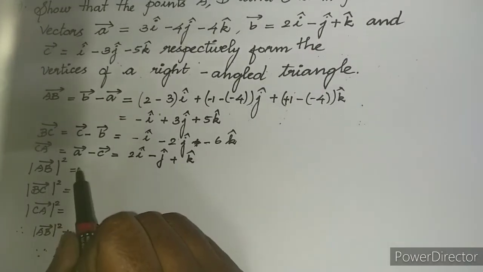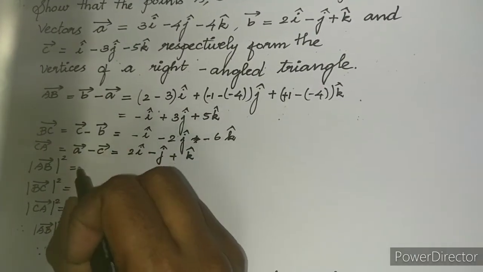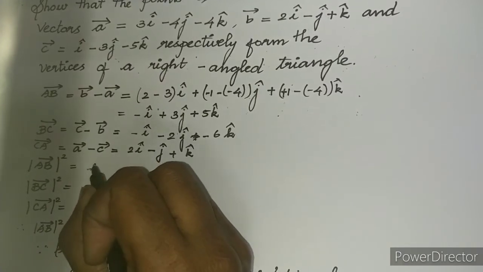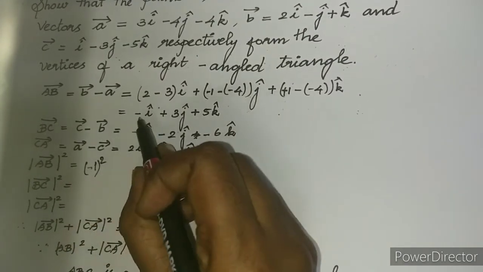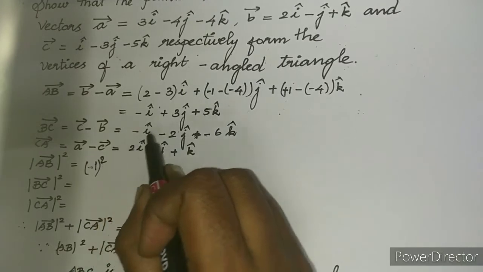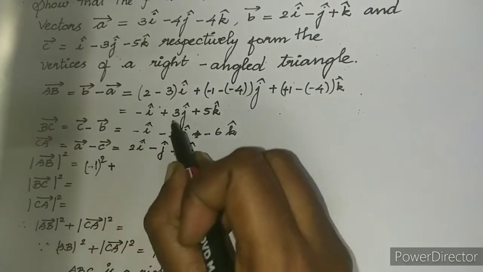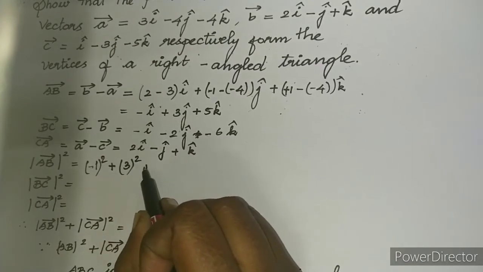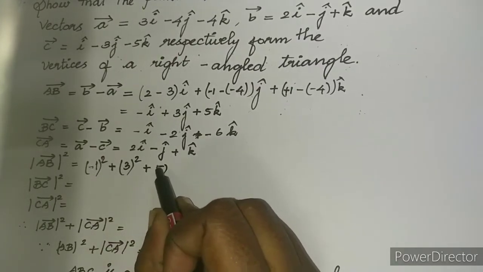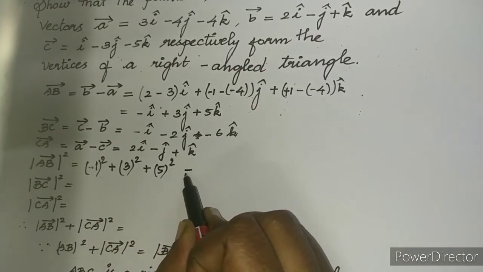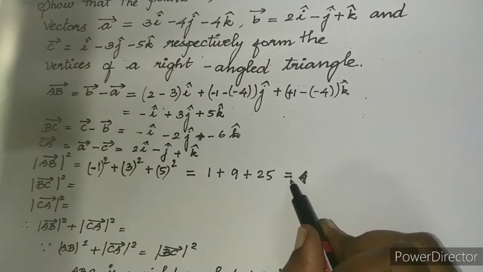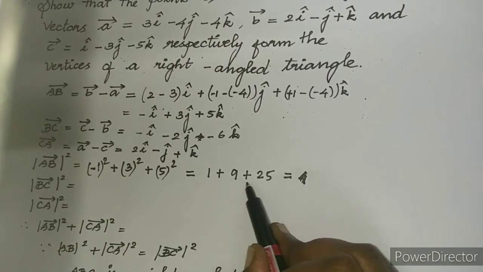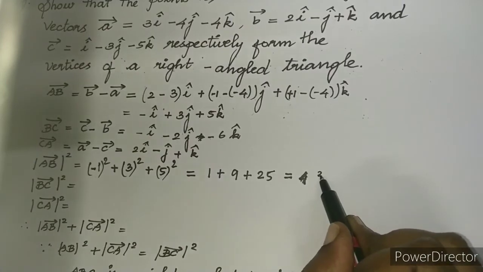So that is minus 1 square, the scalar component of i cap, plus 3 square plus 5 whole square. If you add 1, 9 and 25, we will get 35.